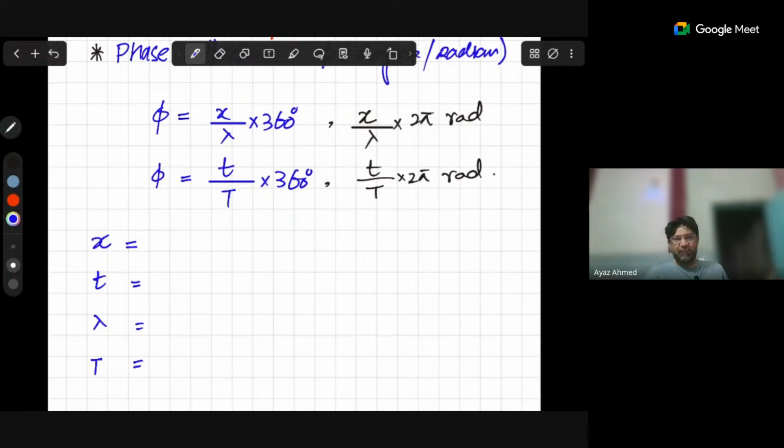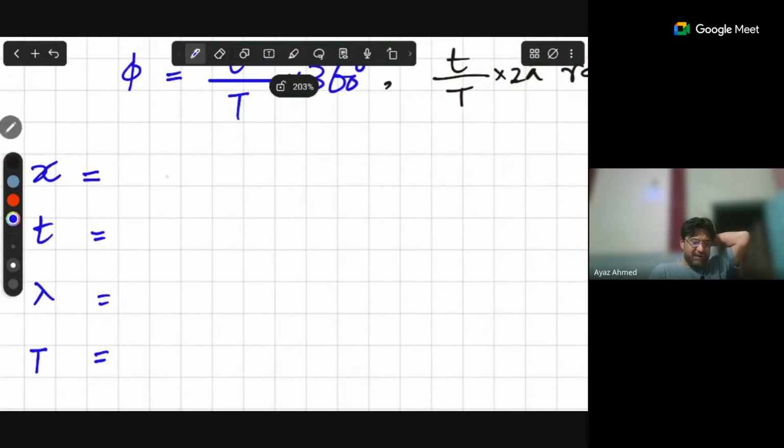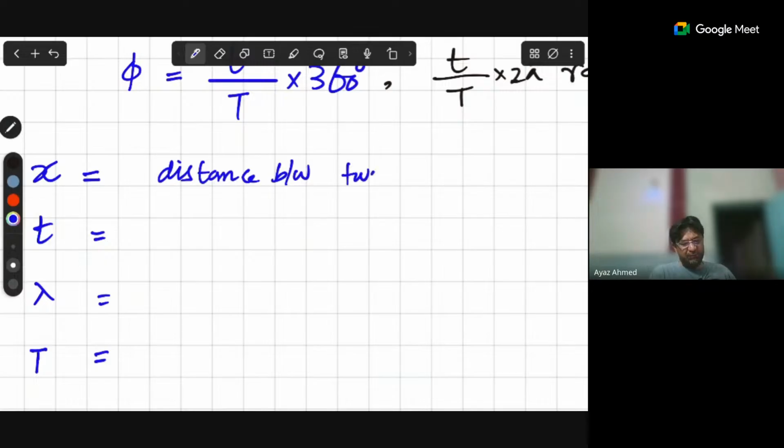That is why we are having a problem with what type of deviation or errors we have. x is the distance between two subject points. You know what the subject points are, where you are going to find the phase difference. t is the time difference between two subject points.